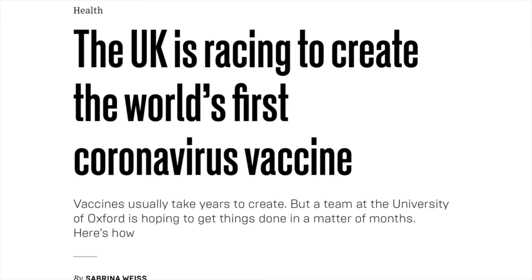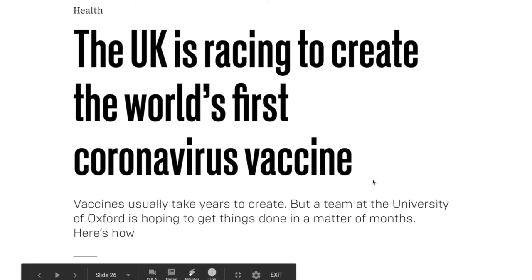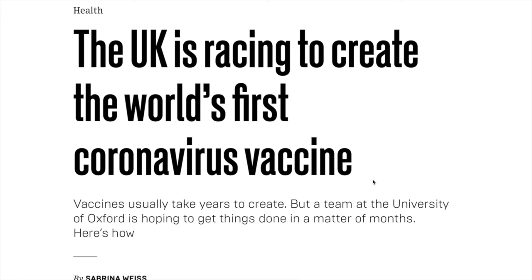Whereas the coronavirus, we have already gone to human testing stages of it. There are people out there right now who have been given this vaccine and then have been exposed to the coronavirus to see whether it works. And the UK, University of Oxford in particular, is leading the race for this vaccine.